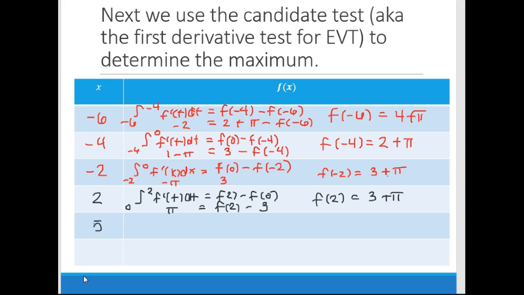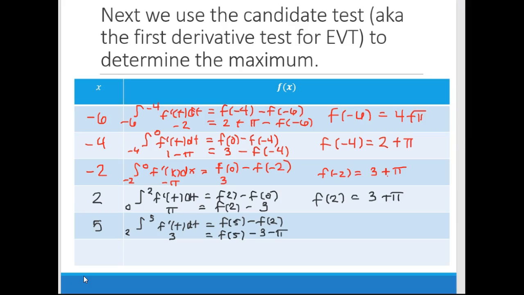At 5, again, you could go on your integral from 2 to 5 of f prime t dt and say that that's equal to f of 5 minus f of 2. And the area from 2 to 5, we said was 3. F of 5 is what we're looking for. And f of 2 is 3 plus pi.